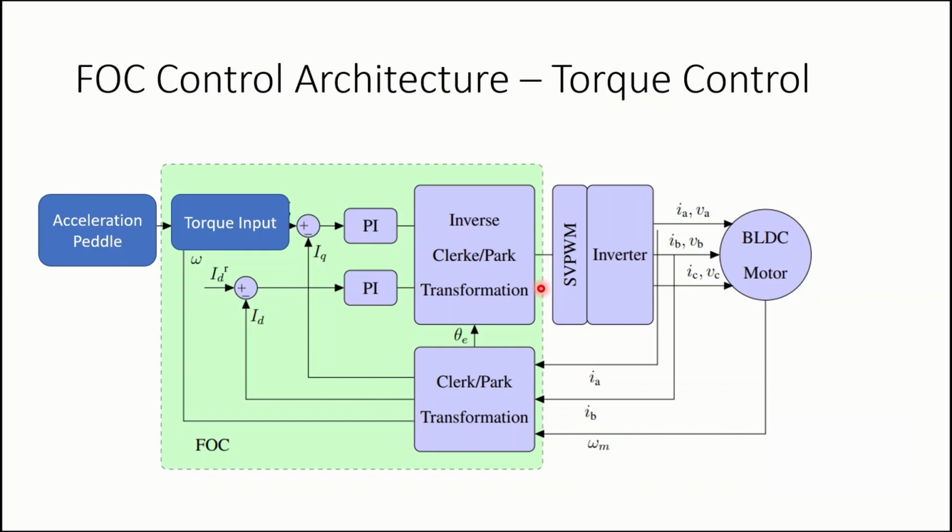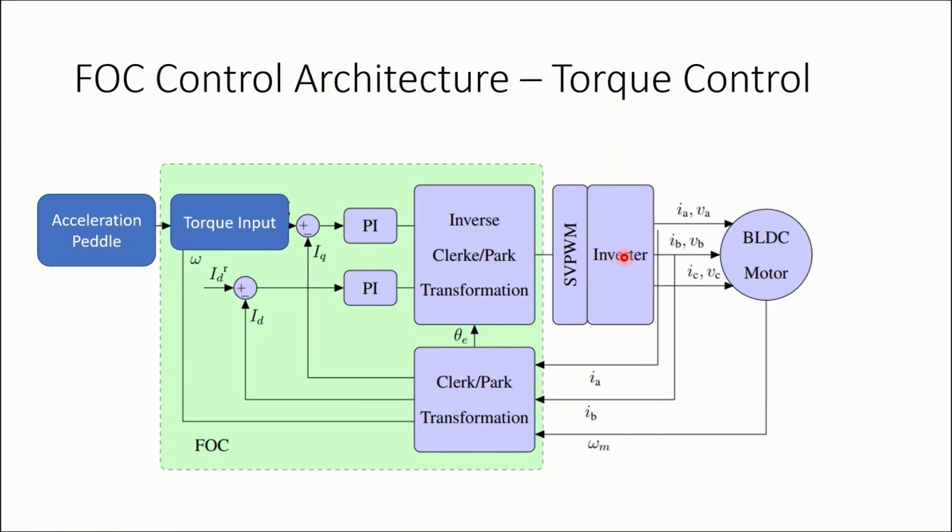Those VA, VB, VC are in analog form, and they will be converted into PWM pulses, or what we call space vector PWM. So this space vector PWM converts this analog form of voltage into respective PWM signals, and those PWM signals will be provided to the gates of the inverter.